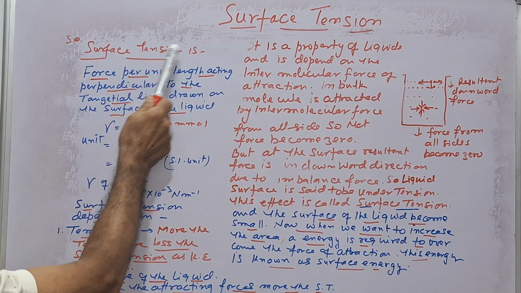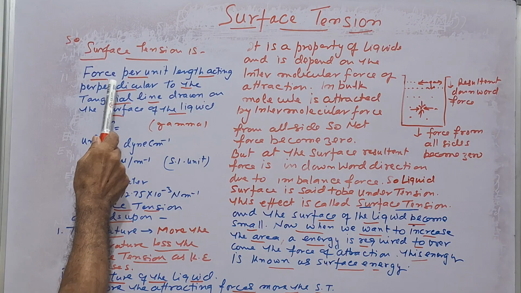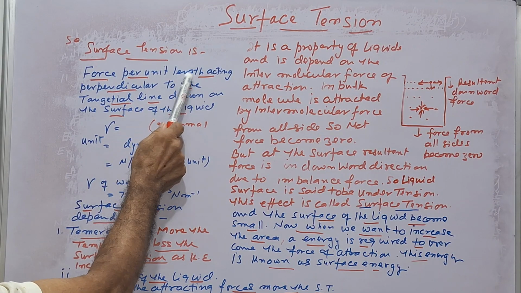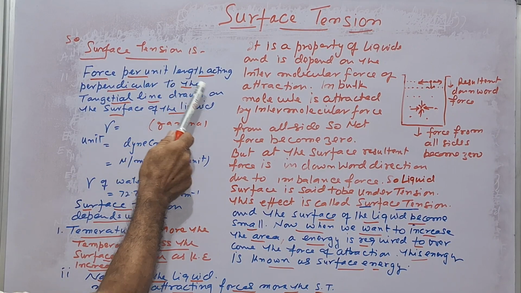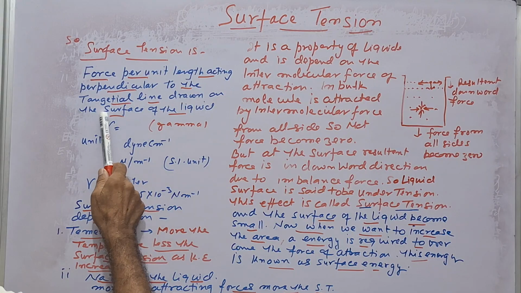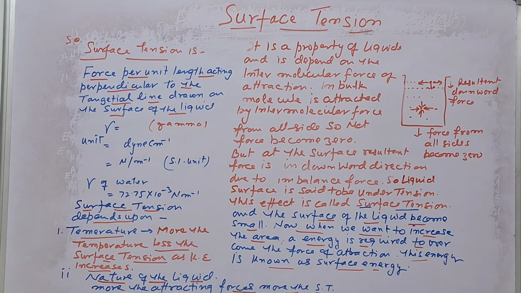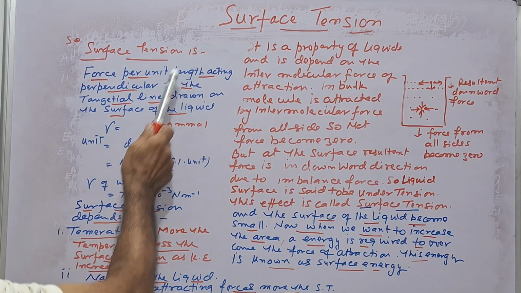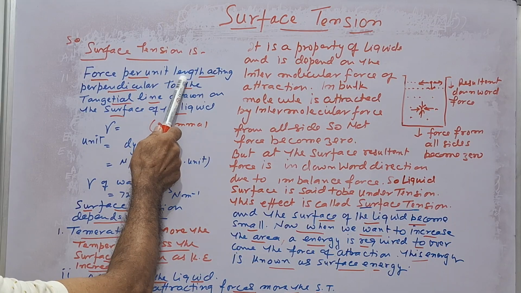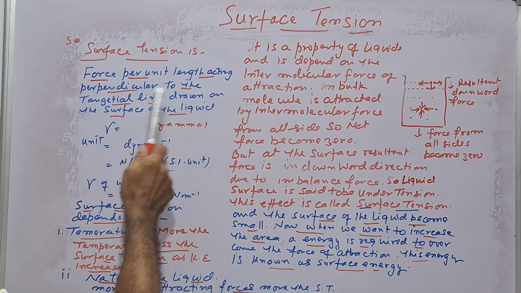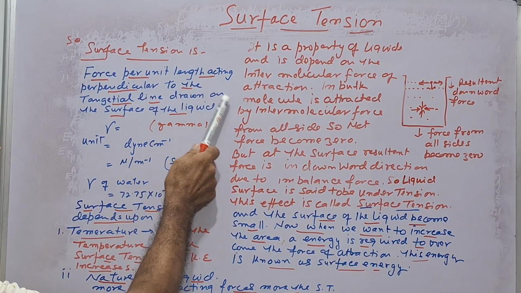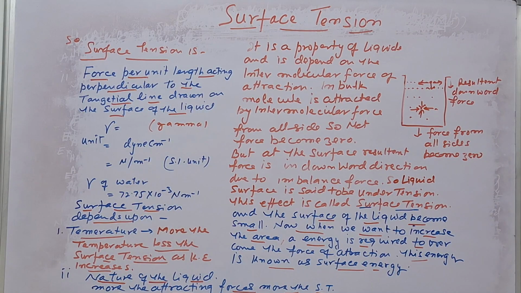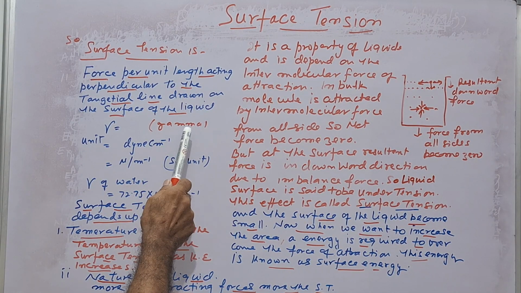So surface tension is defined as force per unit length acting perpendicular to the tangential line drawn on the surface of the liquid, and it is represented by gamma.